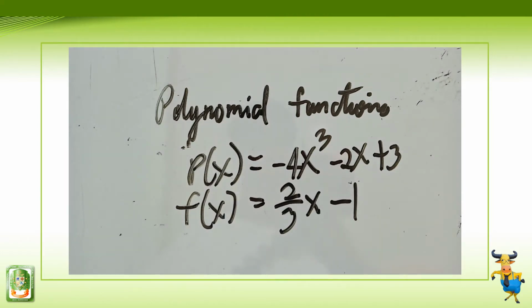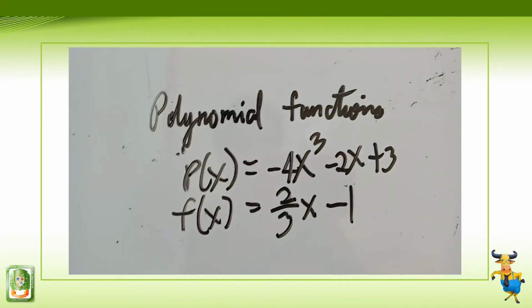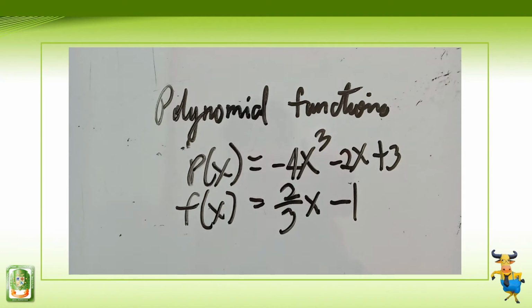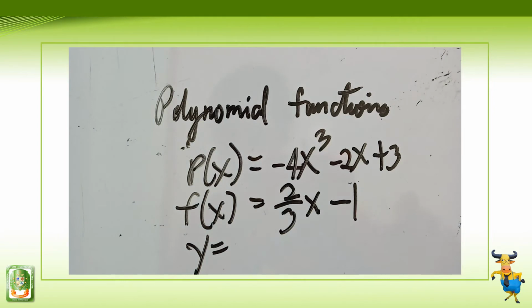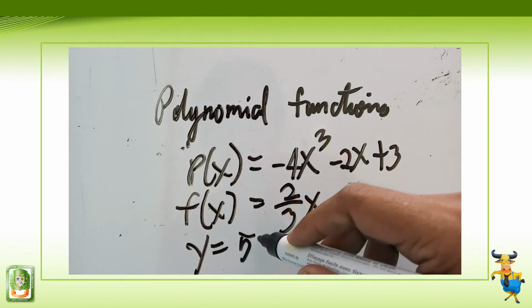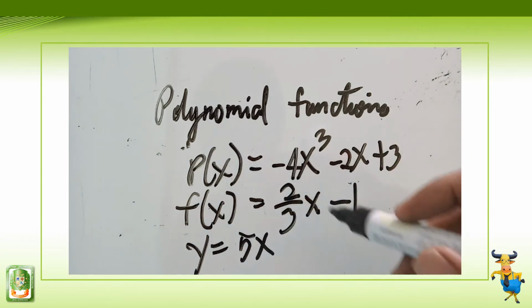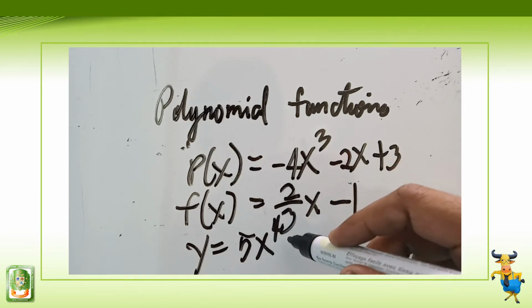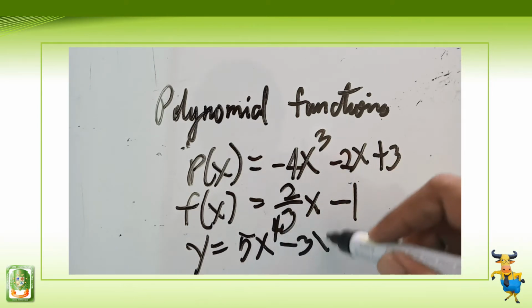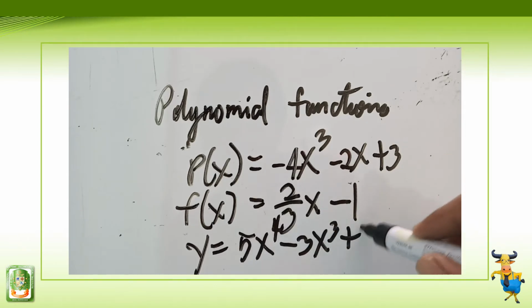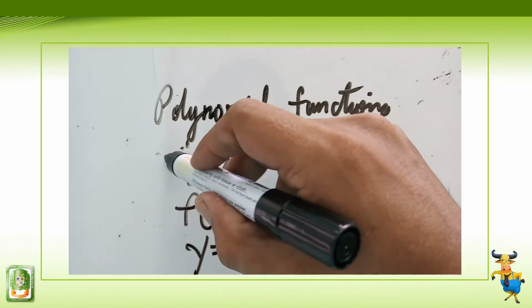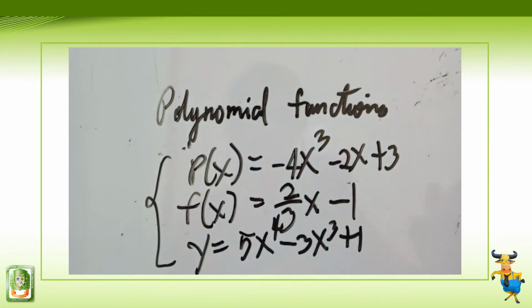That is also an example of a polynomial function. And the last, y is equal to 5x raised to 4 minus 3x raised to 3 plus 1. These three are examples of polynomial functions.